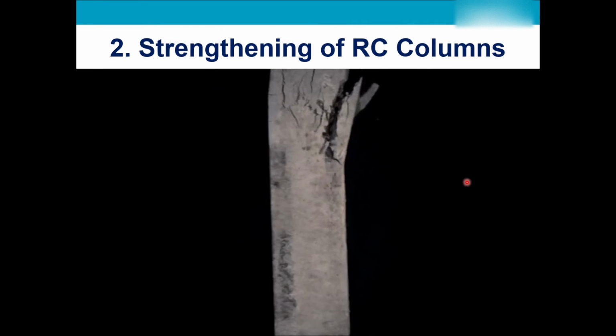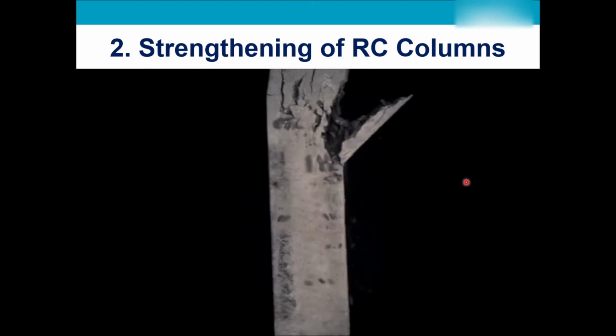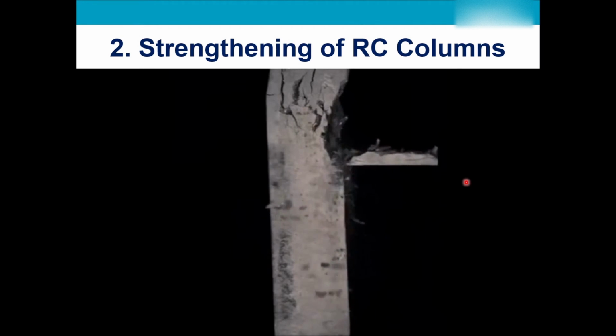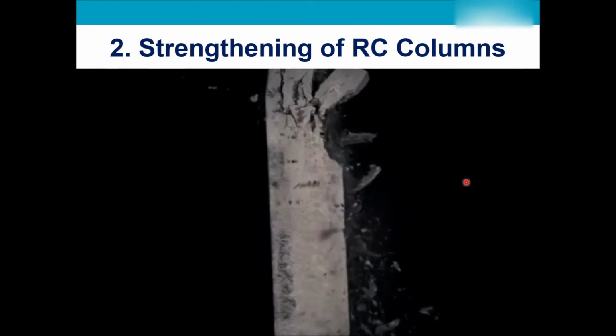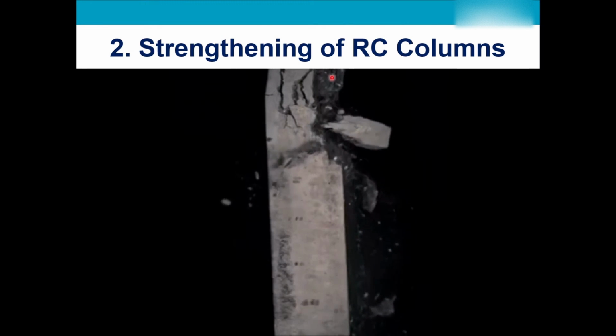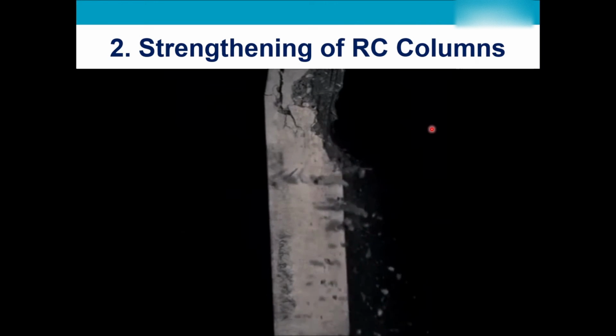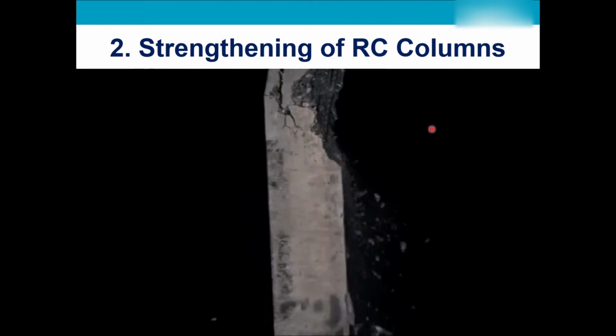You can see the bits and pieces are getting separated. You can see the cracks are getting bigger and bigger. Now you can really see the core of the concrete. Now we should be able to see the steel reinforcement because the cover is gone, as you can see over here. The longitudinal steel reinforcement as well as the struts or the shear reinforcements are coming out.